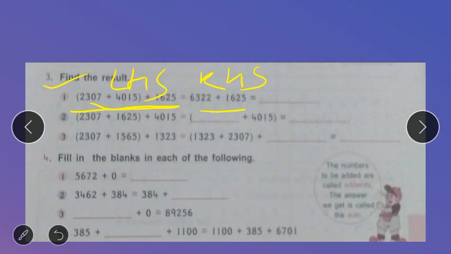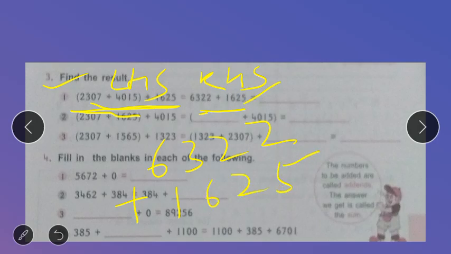If you add 2307 plus 4015, you will get 6322. To 6322 you have to add 1625, the given number. What is the result? 5 plus 2, 7, 4, 9, 7. The sum is 7947.